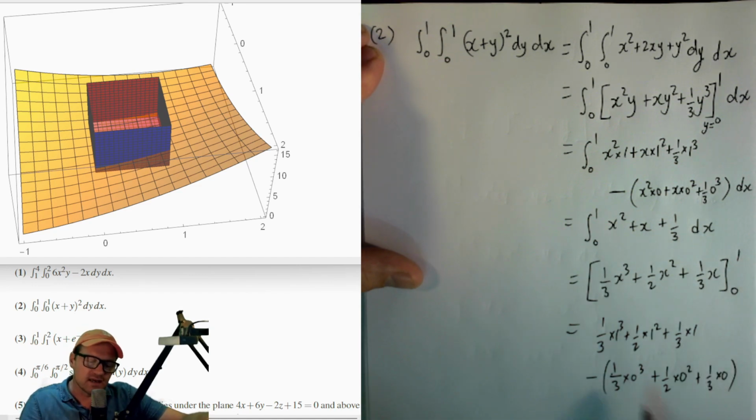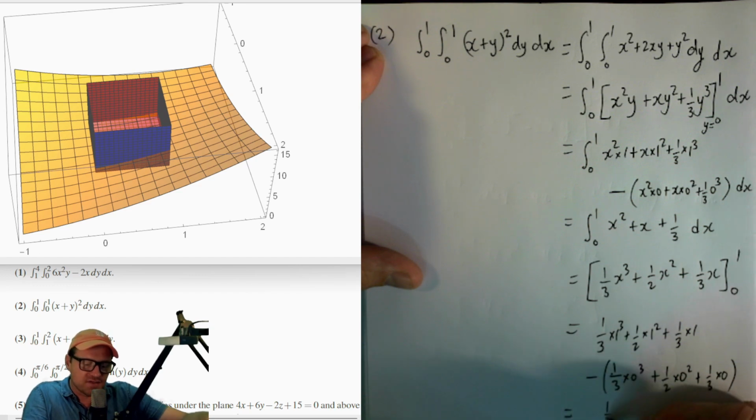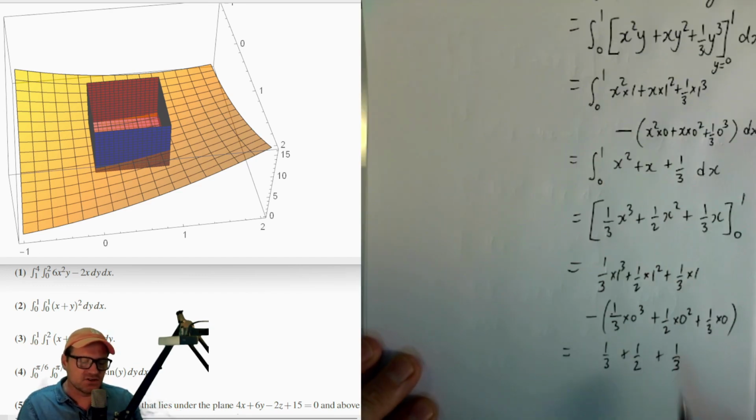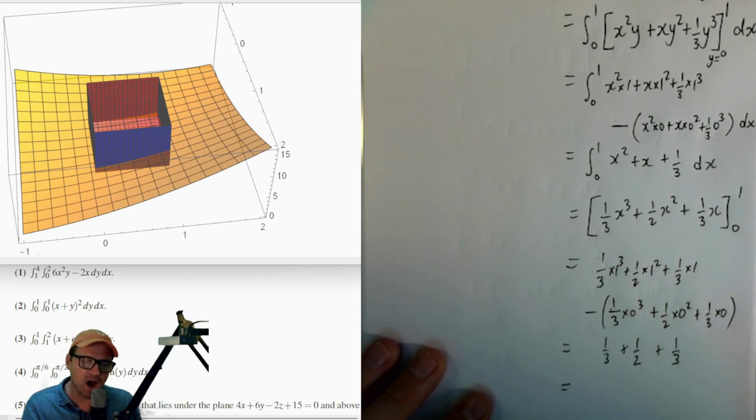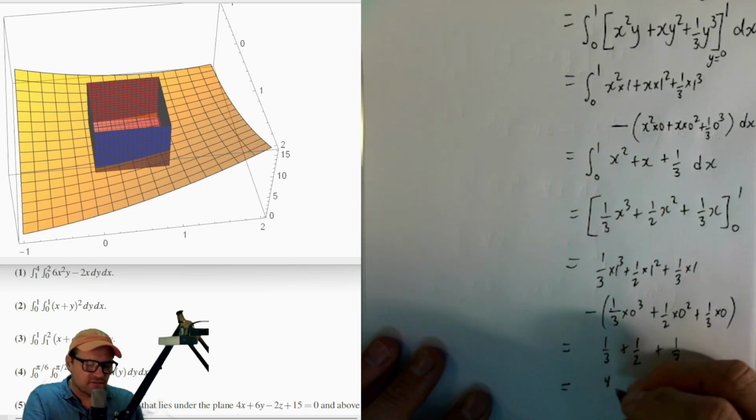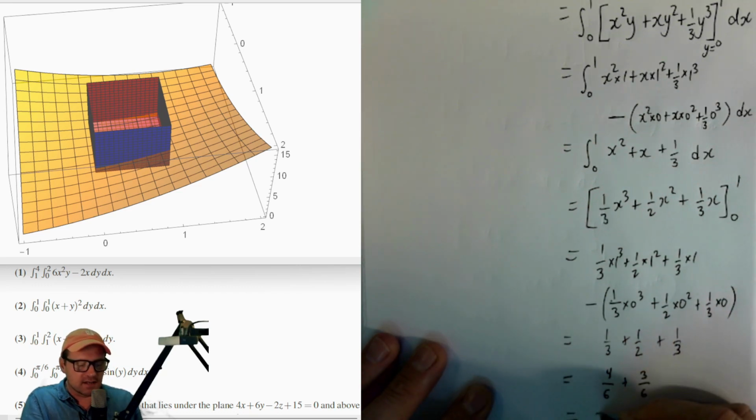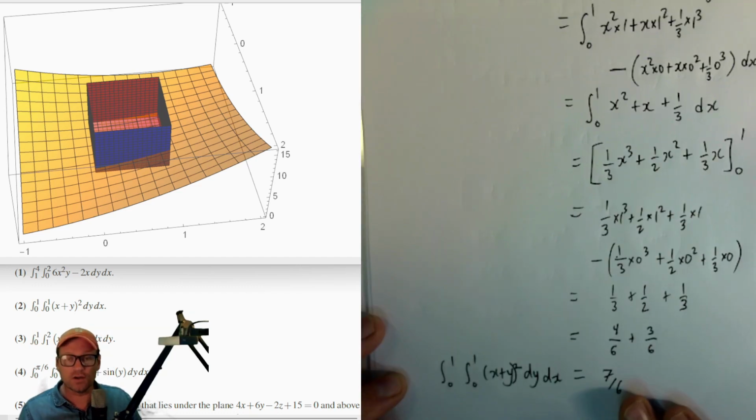So simplifying this, all of this here is 0. So what we have then is 1/3 plus 1/2 plus 1/3, which is 2/3 plus 1/2. Now writing this over 6, we have 4 over 6 plus 3 over 6, and we get 7 over 6. The volume under the surface is 7 over 6.